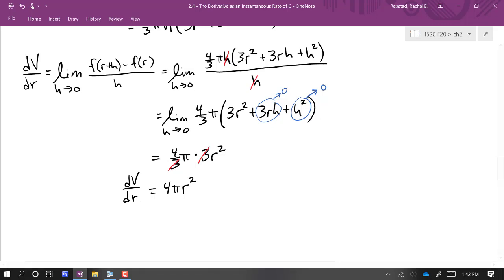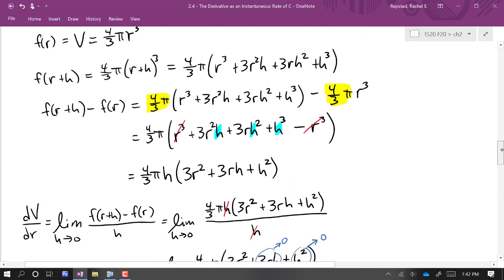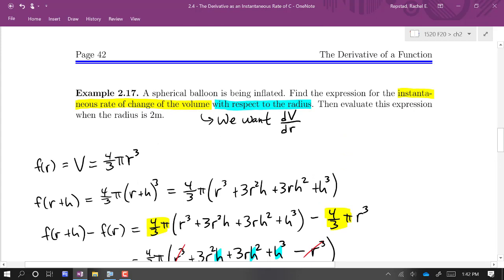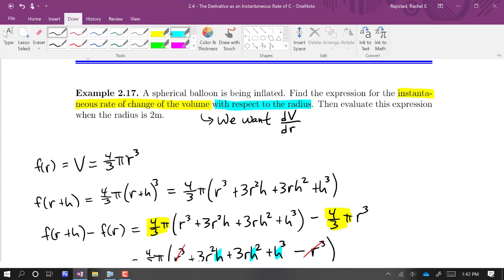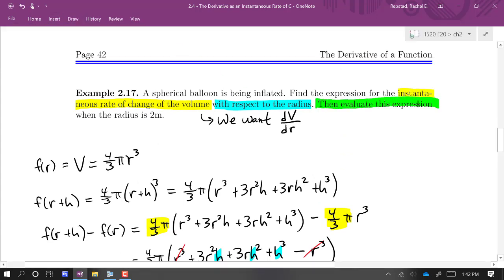It tells us for some small change in the radius, what kind of change in volume does that produce? So this is the first thing it asked us for. It wanted the instantaneous rate of change of volume with respect to radius. Here's the function that describes that. Now if we go back up here, it says then evaluate this expression when the radius is 2 meters.